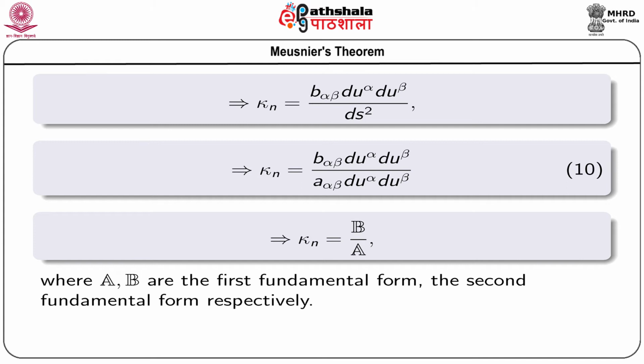So, this is the normal curvature, and from this equation number 10 we can easily see that this kappa_n depends upon the directions of du^alpha and du^beta. It is very interesting, where alpha and beta run from 1 to 2. So, now the normal curvature of a surface depends on the directions of du^alpha and du^beta.